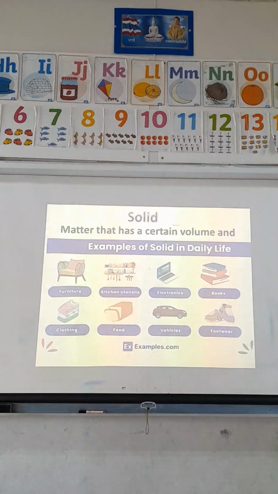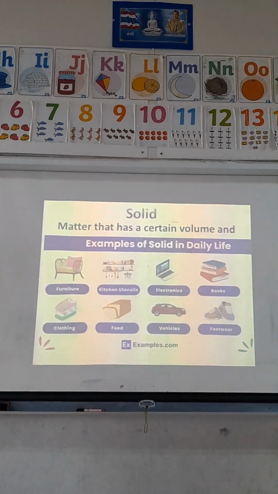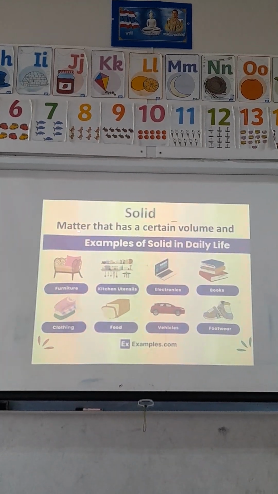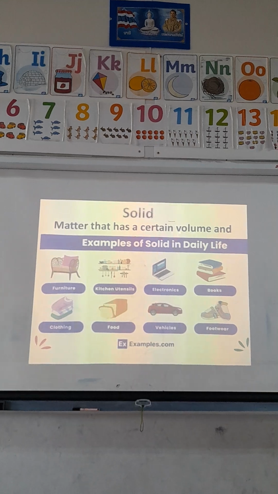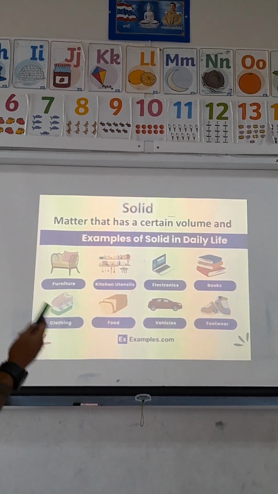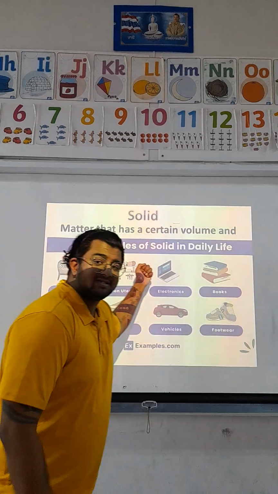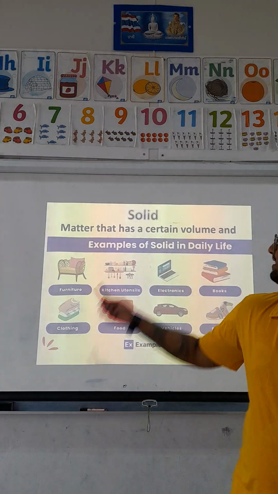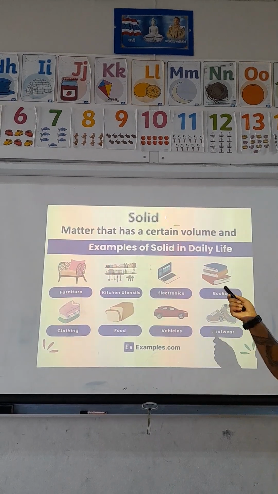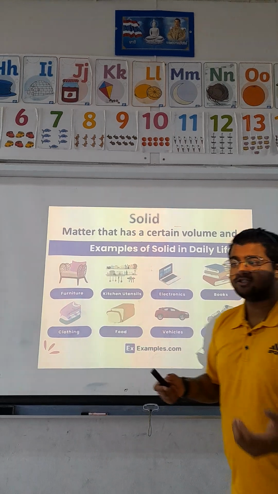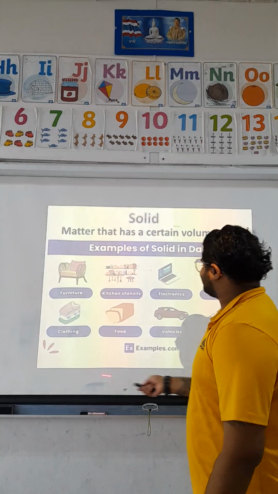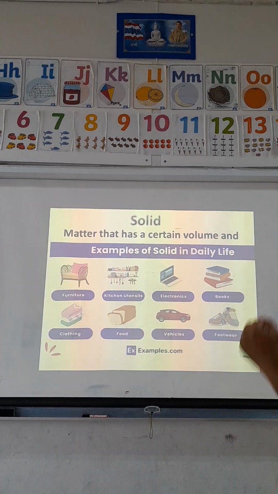Now, on to our next one. Let's take a look at solids. Solids is matter that has a certain volume and a certain shape, right? Now, that is a property of solids. They have a certain volume and a certain shape. All of these things here, guys, are solids.